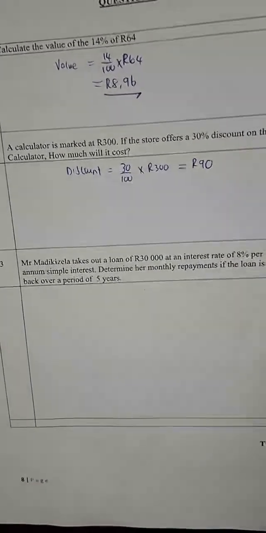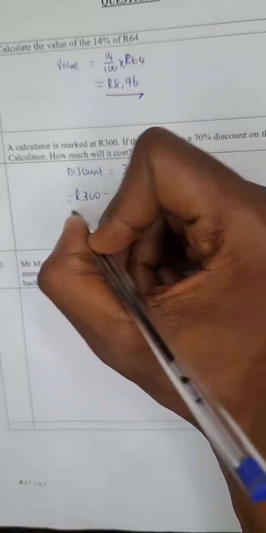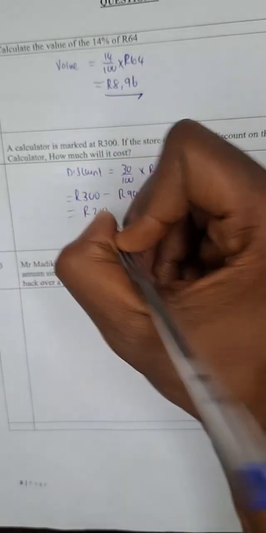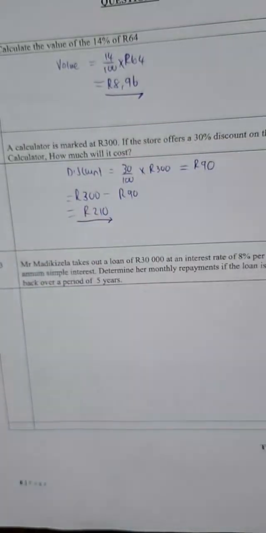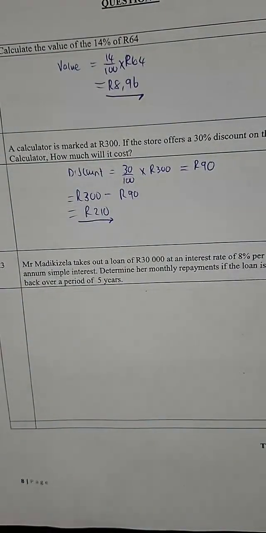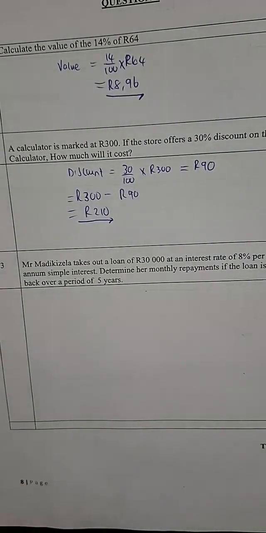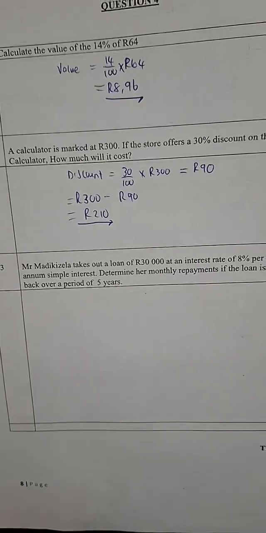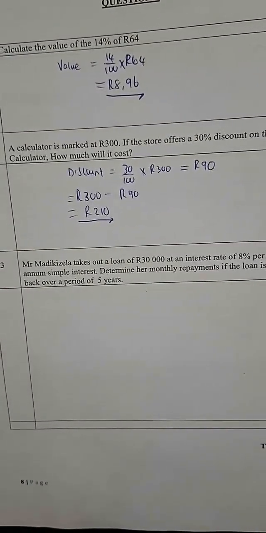Take 300, which is the value of the calculator, subtract the discount, which is 90 Rand. And I see the majority of you have basically said that the value of the calculator is 210 Rand, which is 100% correct. You guys are spot on.